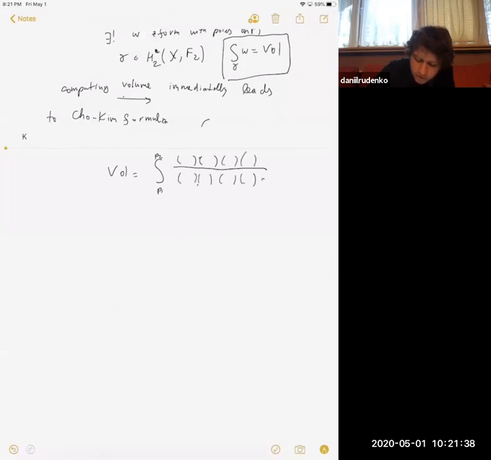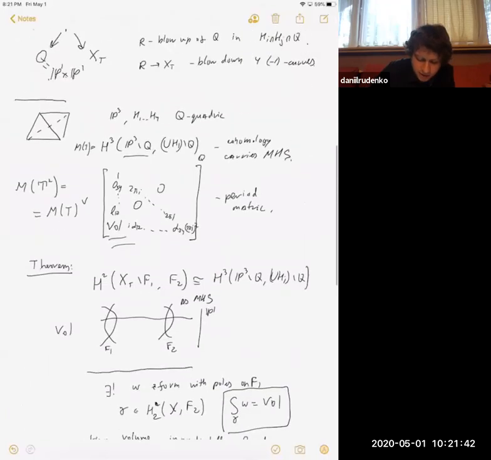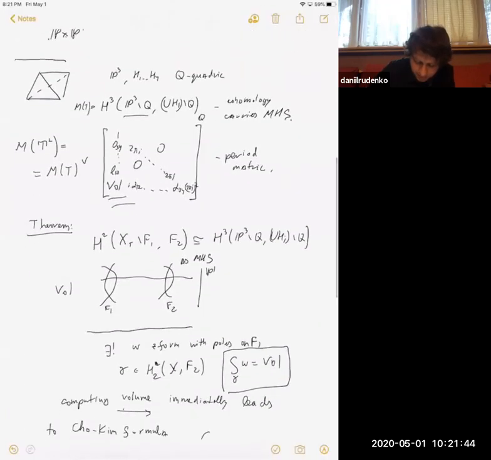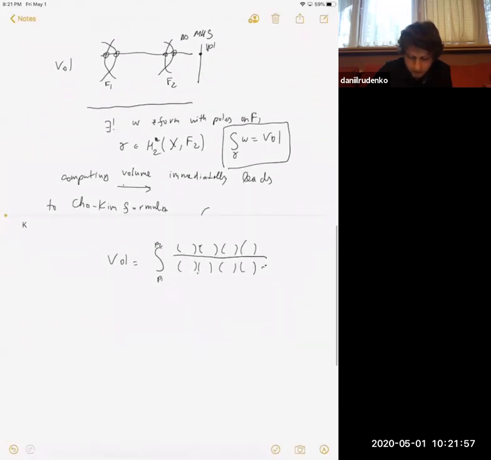So it looks very strange. And so actually this function is just the function which assigns to a point in the image P1 of this conic bundle the cross ratio of the 4 pre-images. So this gives a geometric explanation of these results for volume, and this is exactly where the whole story kind of started.